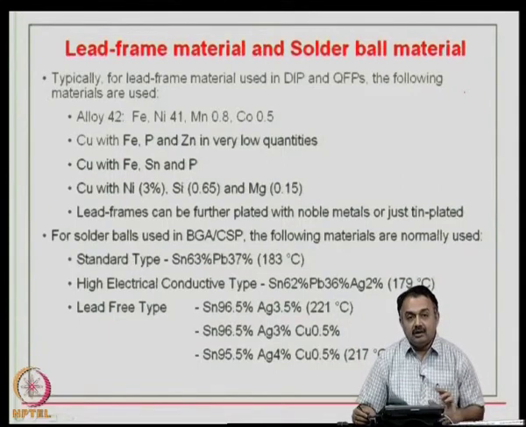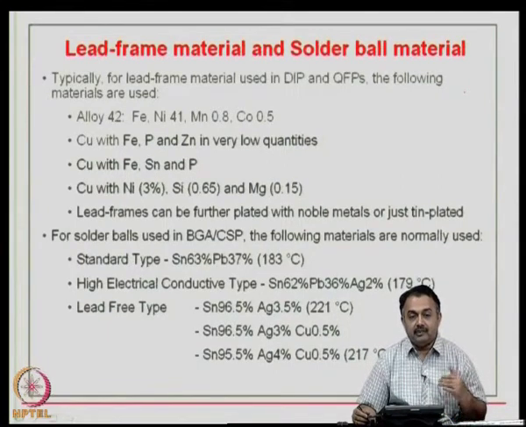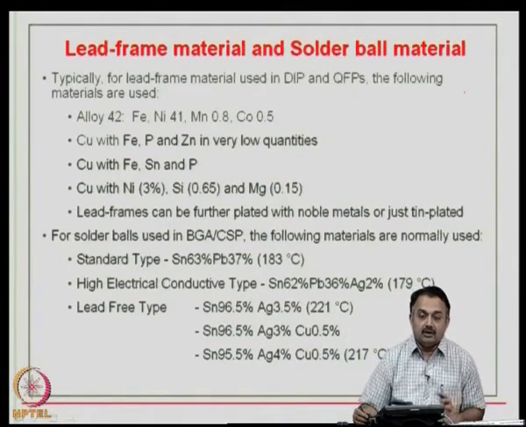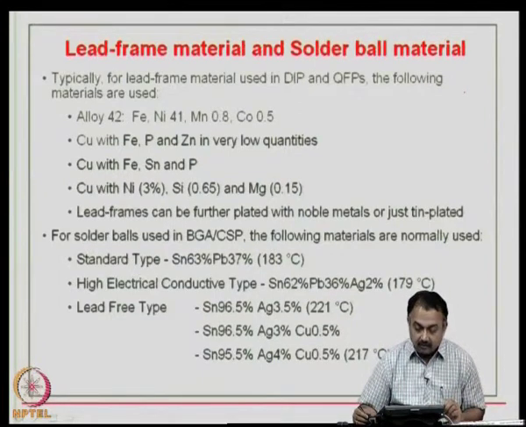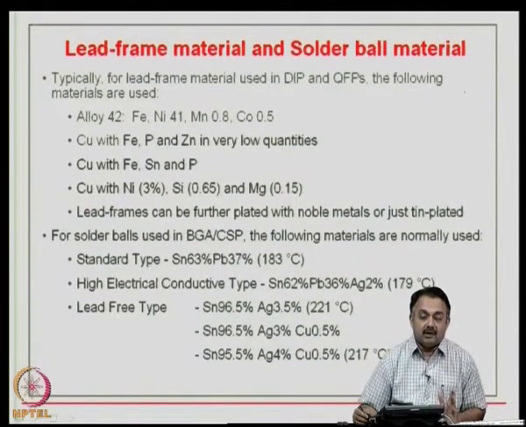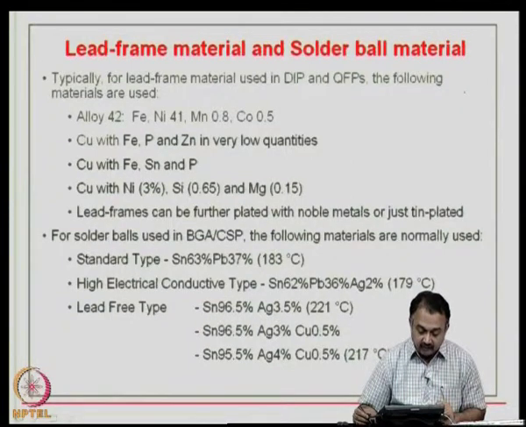These alloys can be further plated with tin or other noble metals like gold or palladium or platinum, to provide better contact, so that the electrical performance of these packaged devices is better.